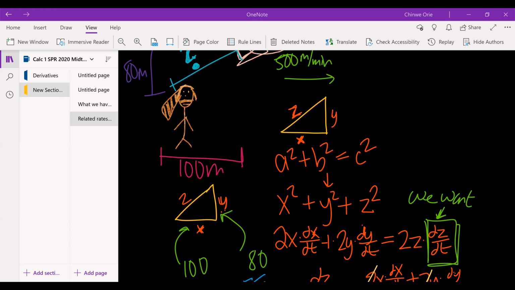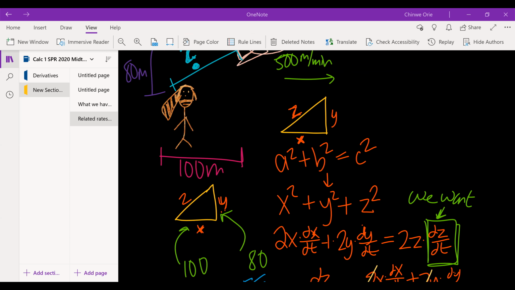When it says the bird is flying horizontally at an altitude of 80 meters, altitude is in terms of height, so that's clearly vertical. So that's y. And then the 500 is going horizontally. And then you want to figure out what rate the distance from the bird to the hunter is increasing when it is 100 meters away from the hunter.